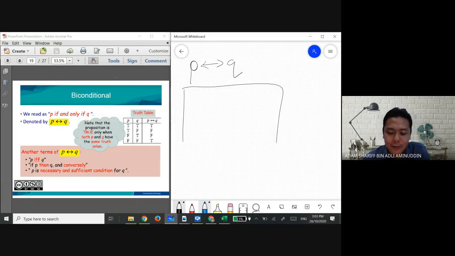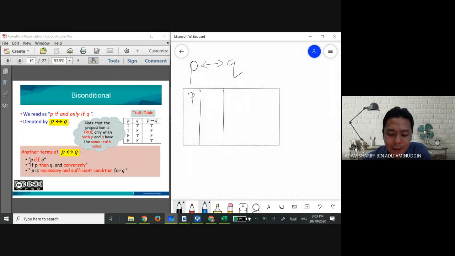And how to represent this in a truth table? Only when it has the same truth value, then it will be true.